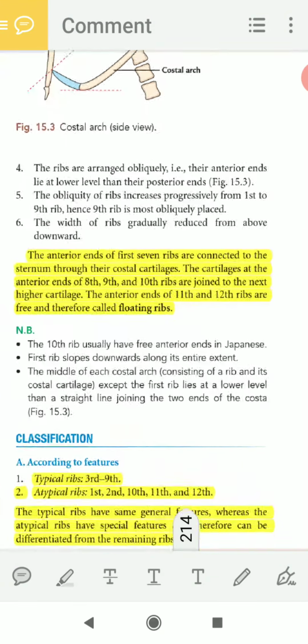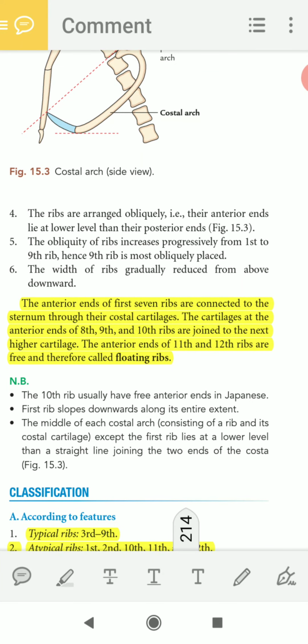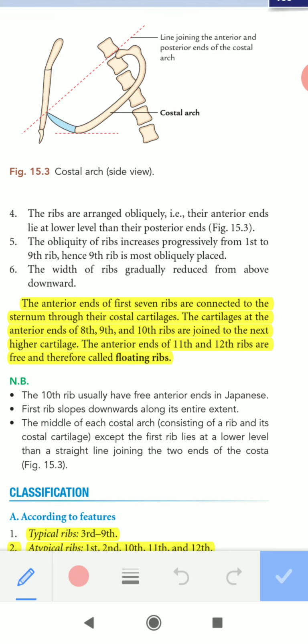Then the anterior end of the first 7 ribs are connected to sternum with their costal cartilages, and the cartilages at the anterior end of the 8th, 9th and 10th ribs are joined together to the next higher cartilages.